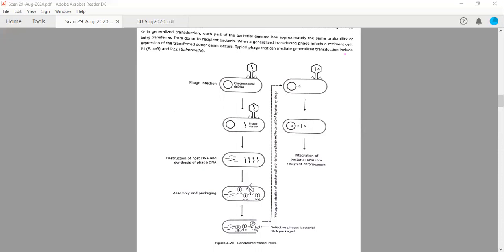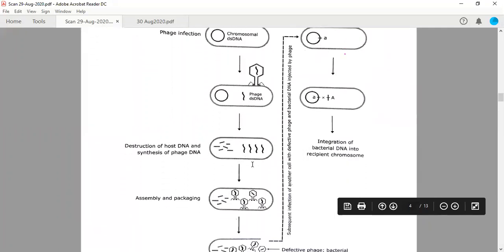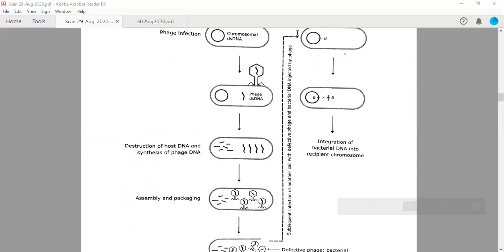So what I was telling, suppose they are having different fragments, and here they are showing only 4 bacteriophages, but this is not the case, because bacteriophages or viruses are small in size compared to bacteria, and therefore they are present in hundreds or even thousands of copies inside the bacterial cytoplasm.